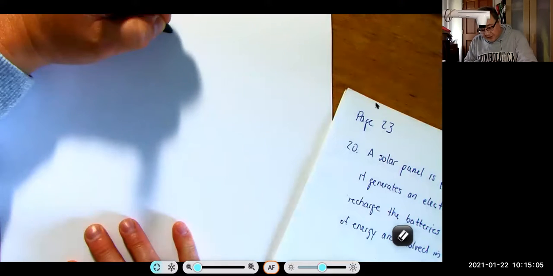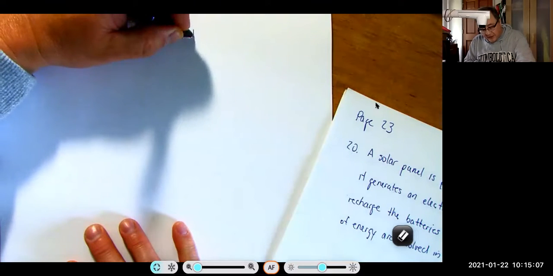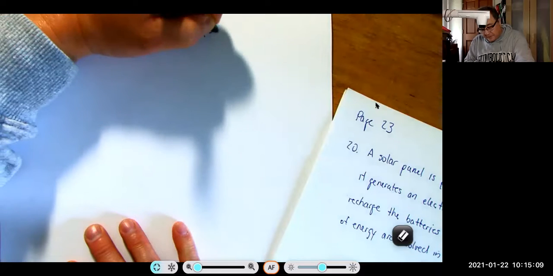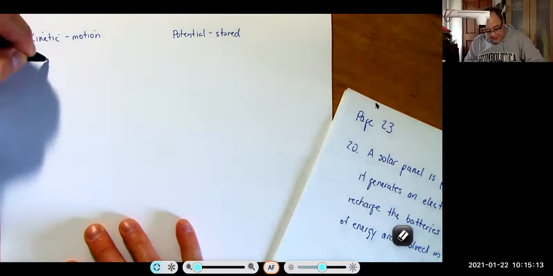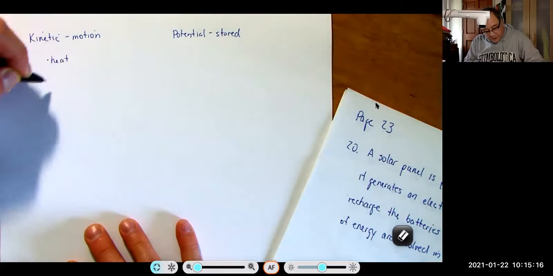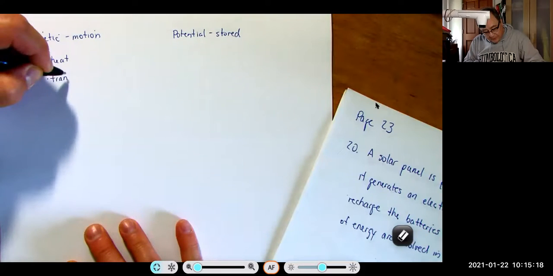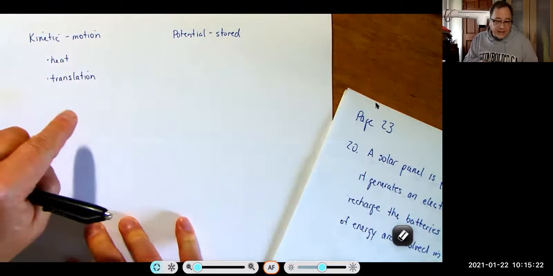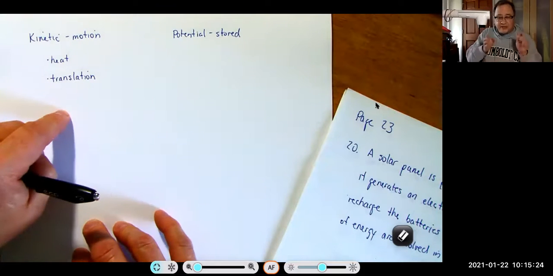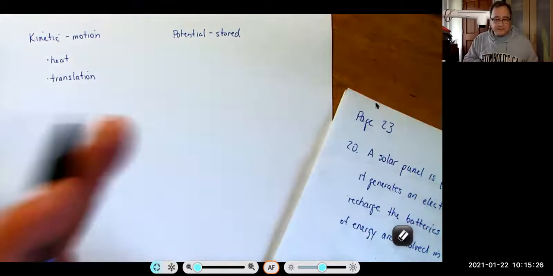And potential energy is the energy that is stored. Types of kinetic energy are heat, translation, and in my example, translation means moving from one place to another.